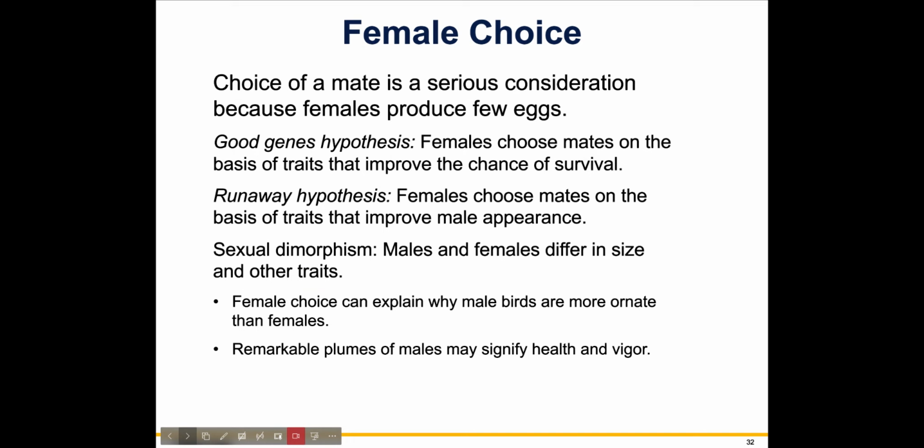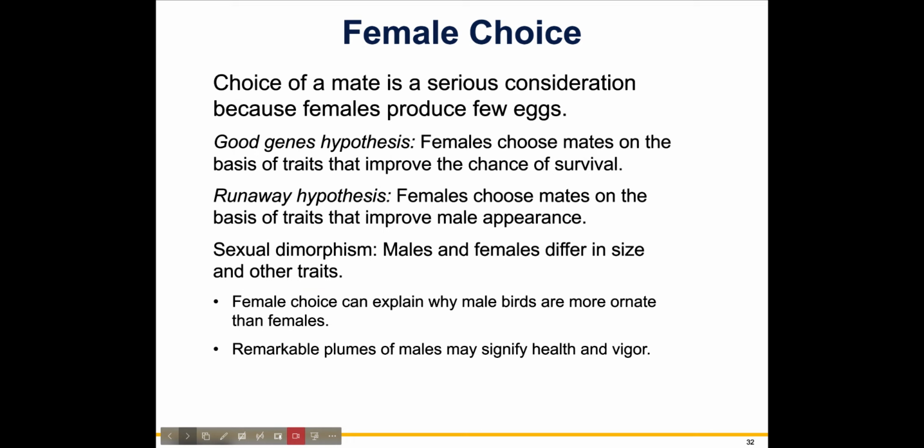So we get to be choosier with only having one egg. We want to make sure it's the best possible mate that we can find. So there's what's called the good gene hypothesis, where females choose the mate based on traits that improve survival.